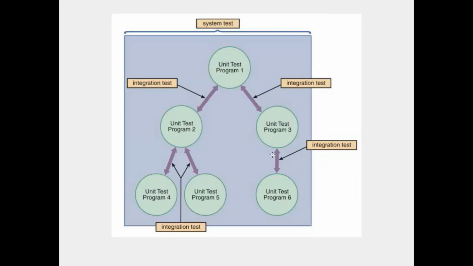These are the kinds of testing that we can talk about. Now, there are three tests. System testing is how you are going to test as a whole, and here we can have the integration test.